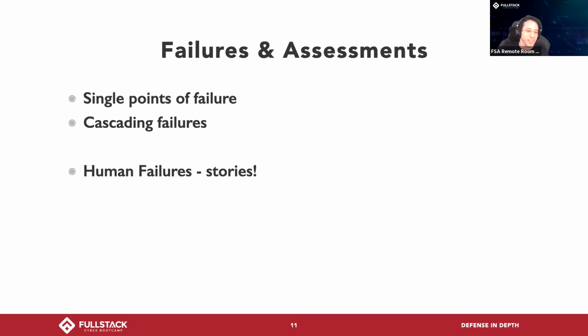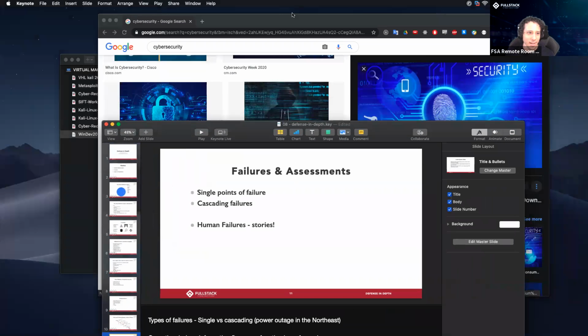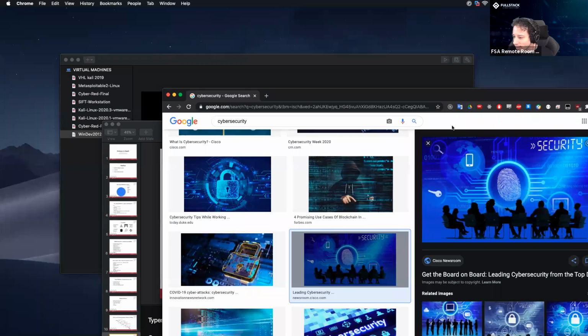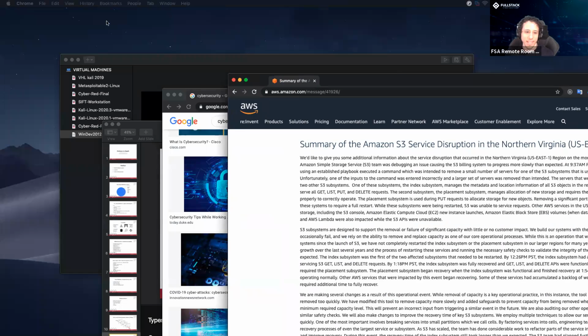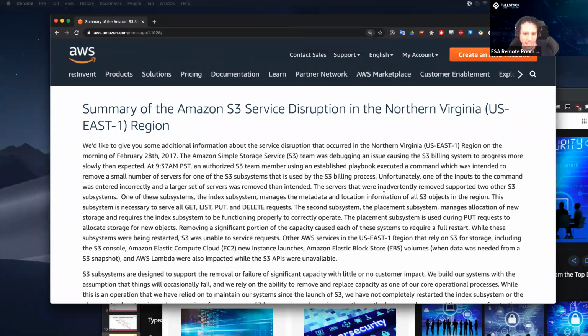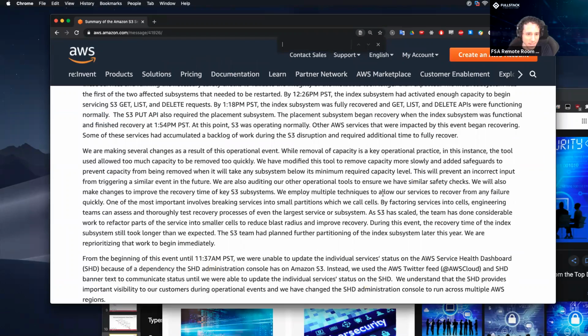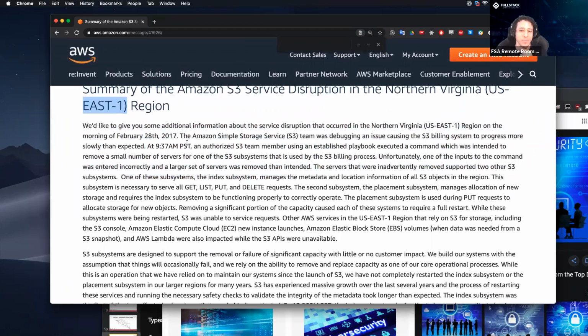The other good human failure story I have for you is, like I told you before, the Amazon US East 1 getting taken down. Here it is. I'll link this blog post. It's actually really short, but there's one part that I always think is really funny. The server outage took out US East, which was the largest AWS region.